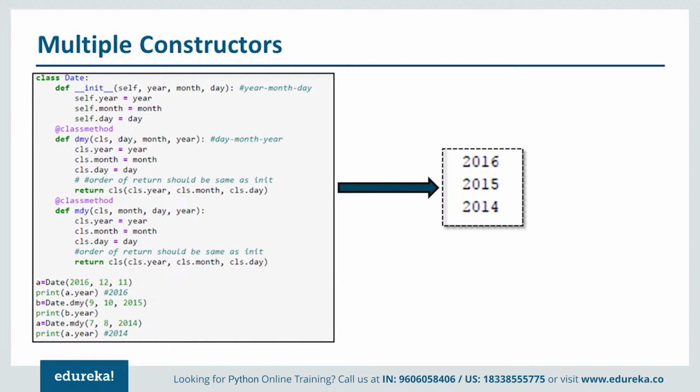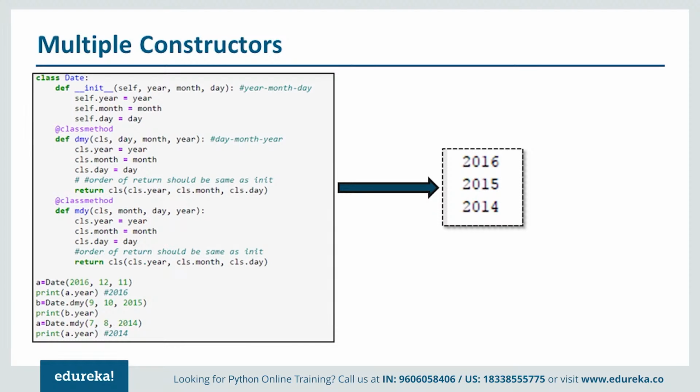Again, we have class methods dmy and mdy. These two class methods use different attributes and provide parameters in a different way.